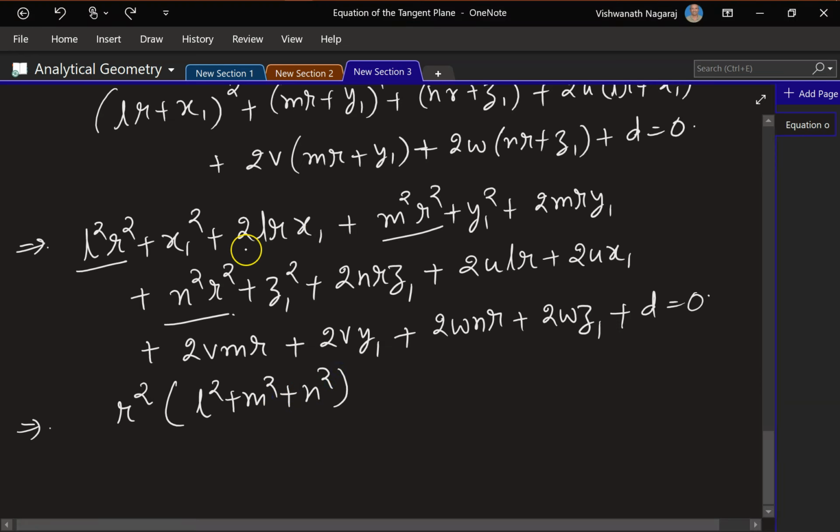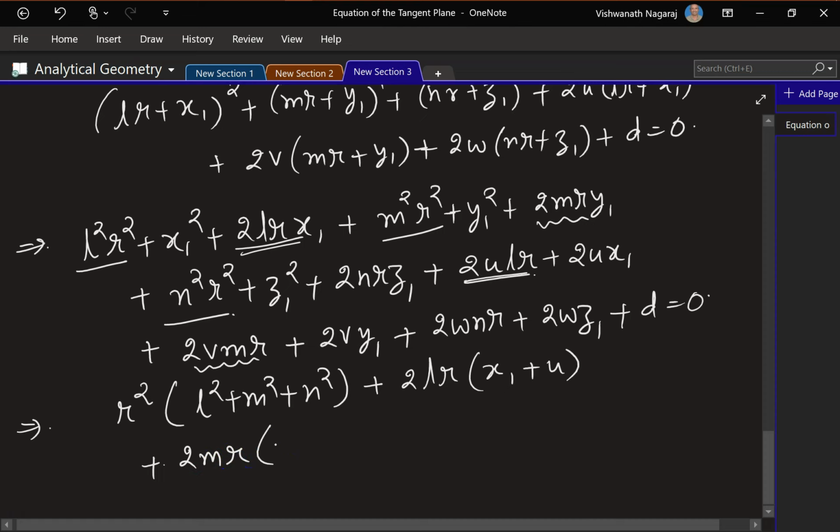Then 2LR times (x1 plus u). Similarly, 2MR times (y1 plus v), plus 2NR times (z1 plus w).